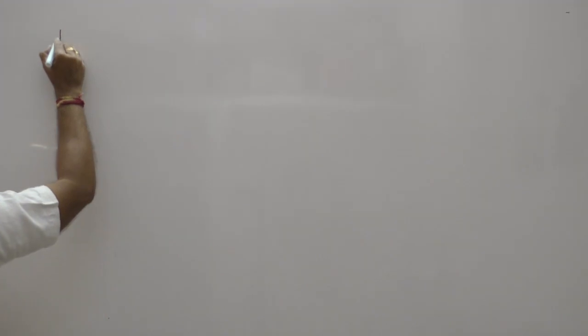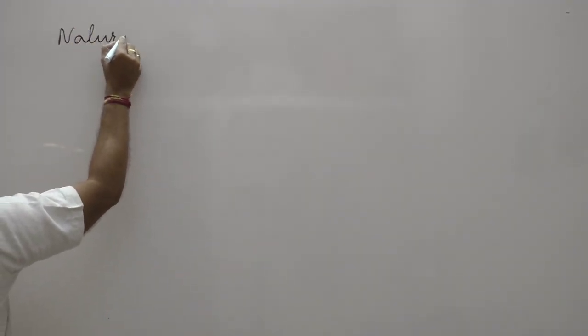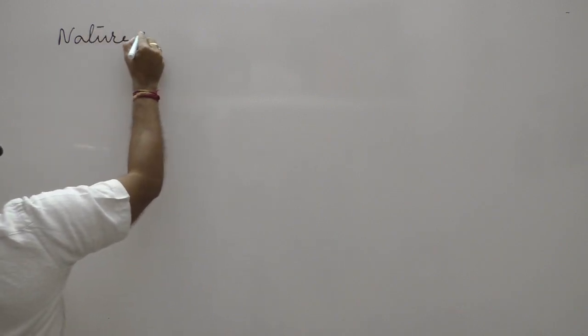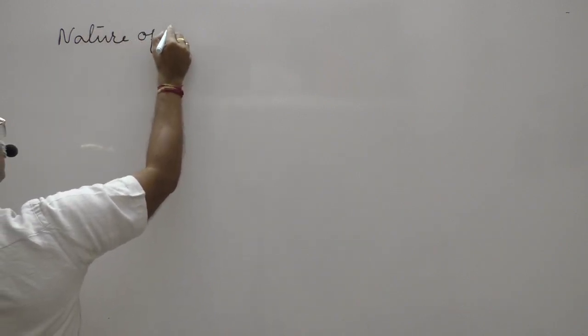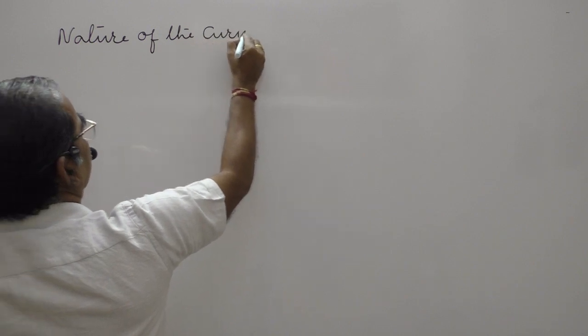Now we will try to draw the figure of this parabola which we have obtained in standard form. So listen carefully. We have obtained the equation now. Now we will see the nature of the curve.